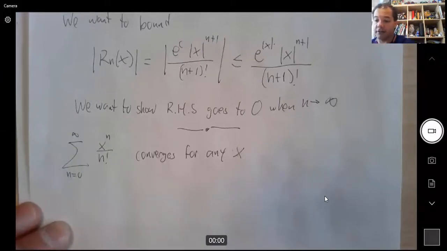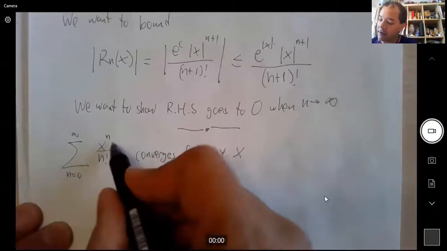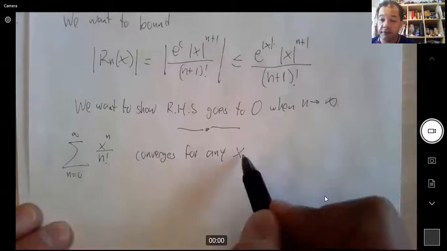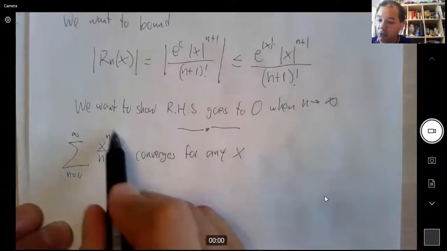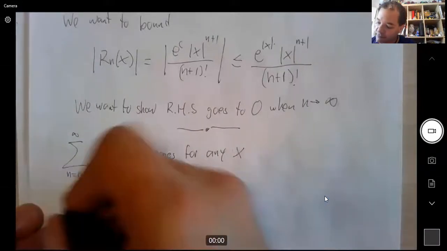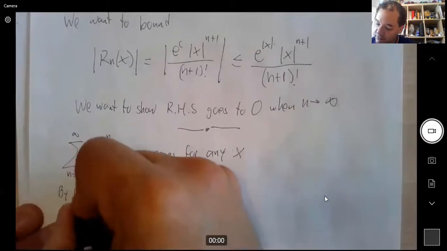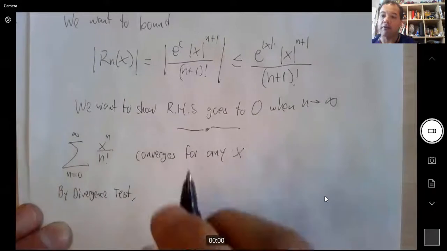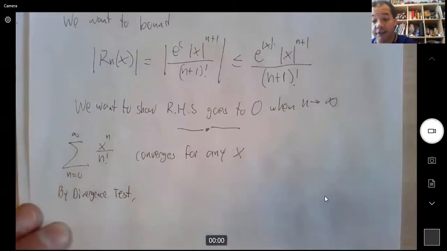What's a divergence test? The divergence test tells you that if this series converges, then the limit of this term is what? So the divergence test, you usually do it the other way around. If the limit is not zero, then it diverges, right?